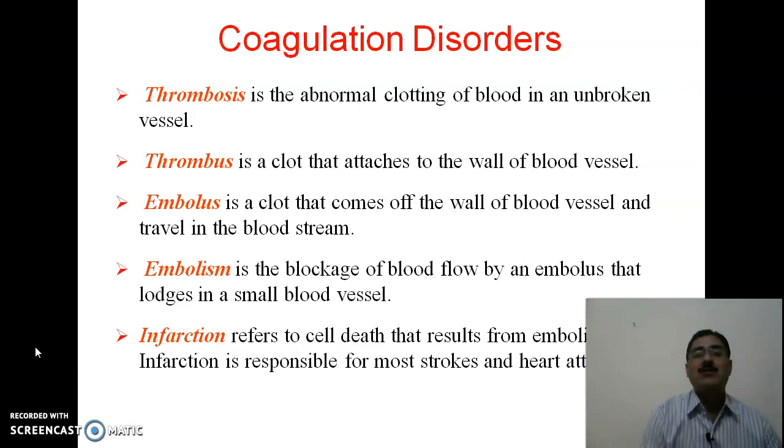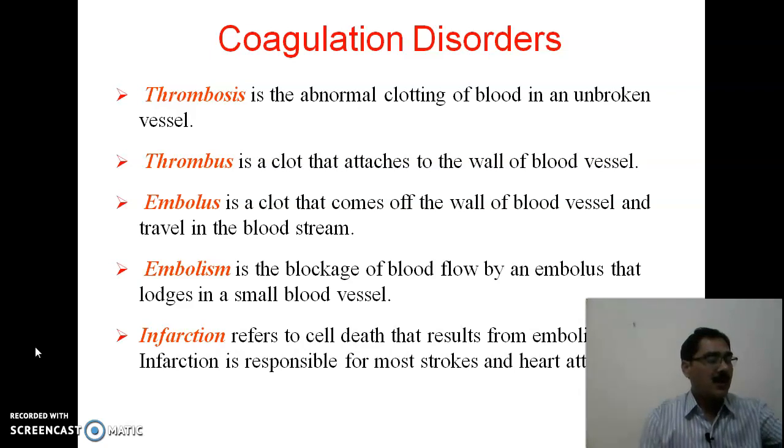The infarction refers to the cell death that results from embolism, and this infarction is responsible for most strokes and heart attacks, which I told you earlier, if there is formation of an embolus in the coronary artery.